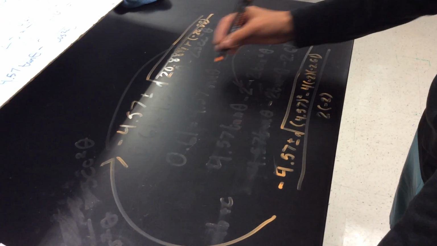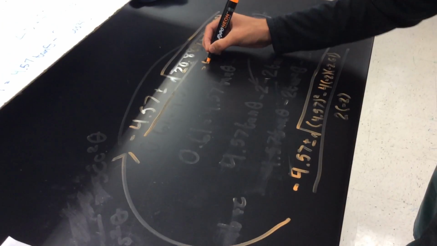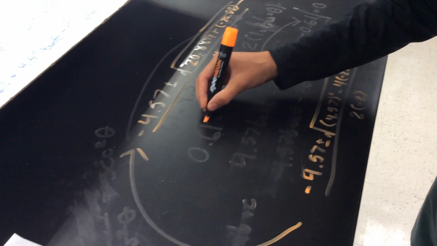So that'll end up being square root of 0, all over 2 times negative 2, which is negative 4.